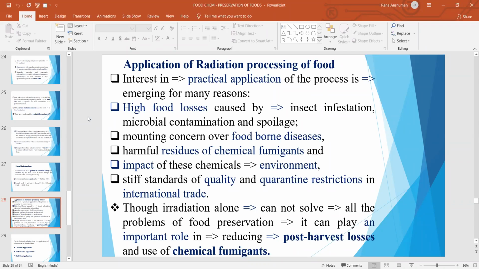Though irradiation alone cannot solve all these problems of food preservation, it can play an important role in reducing post-harvest losses and the use of chemical fumigants.